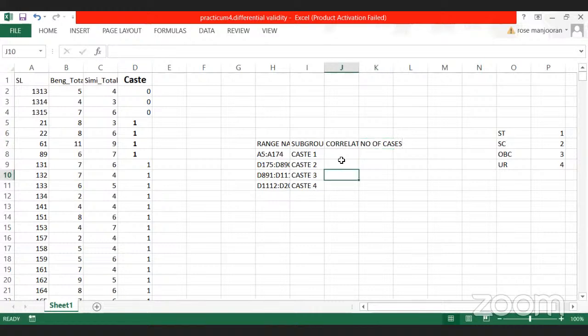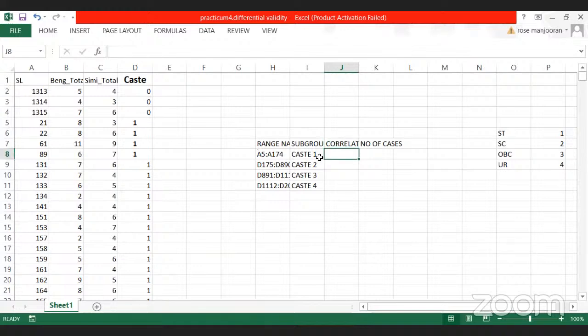Okay. So then you write correlation here, then number of cases. And what we are going to do next is to find the correlation. That means we are going to see the correlation between Bengali total score and similarity total score with respect to the caste we are writing here.